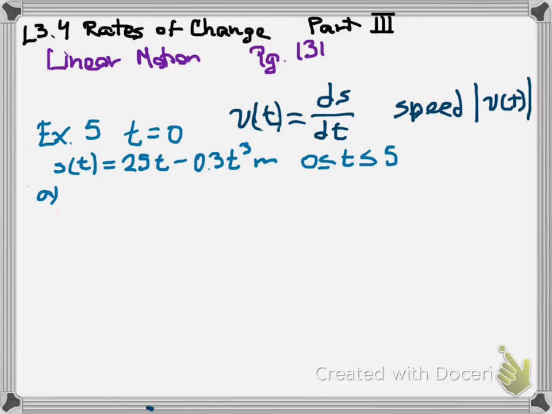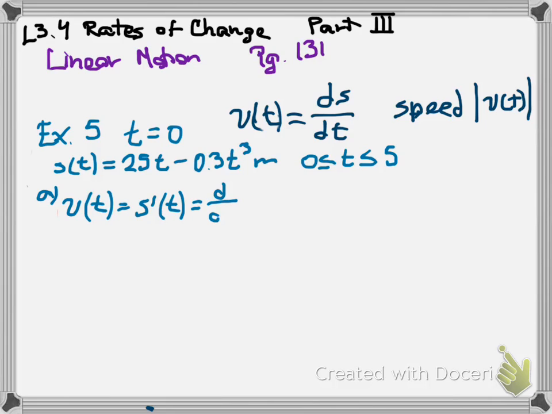So the how fast, the velocity, is the change of the position with respect to time. So we are going to find the velocity, which is the derivative of the position. How is the position changing at that particular time?